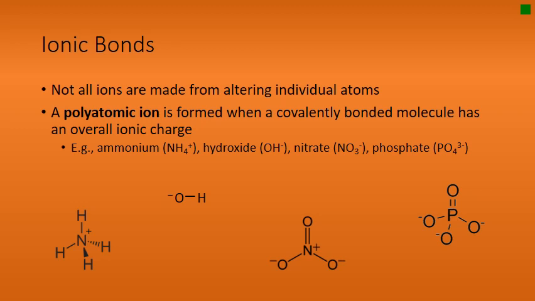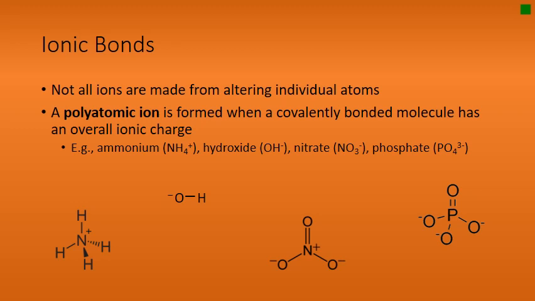Not all ions are formed from individual atoms. Polyatomic ions, so polyatomic, many atoms, are ions formed from many atoms. They are formed when covalently bonded fragments, it can be a molecule, lose or gain valence electrons in order to become more stable, but that results in an overall ionic charge.